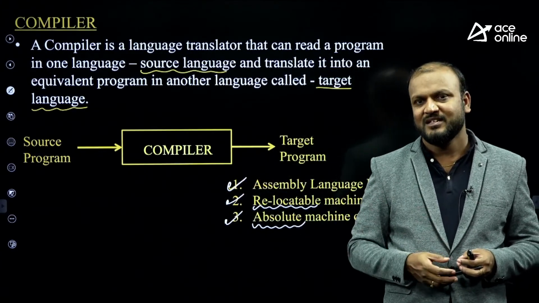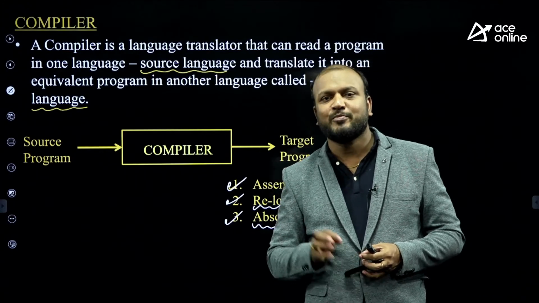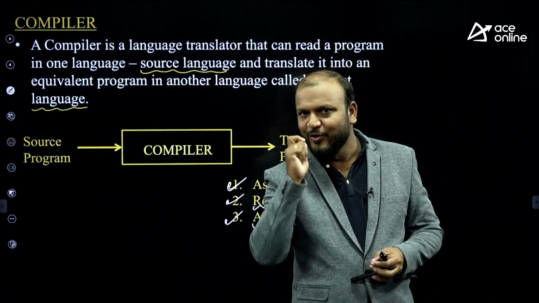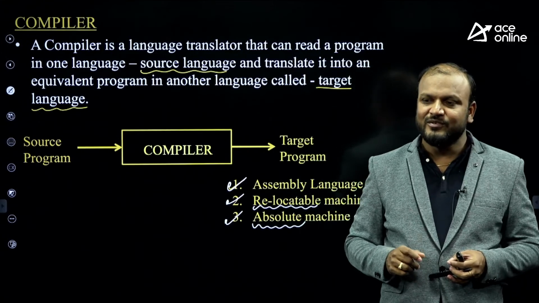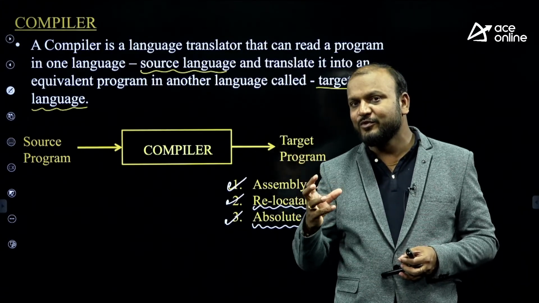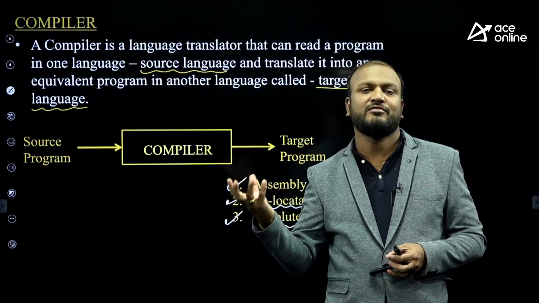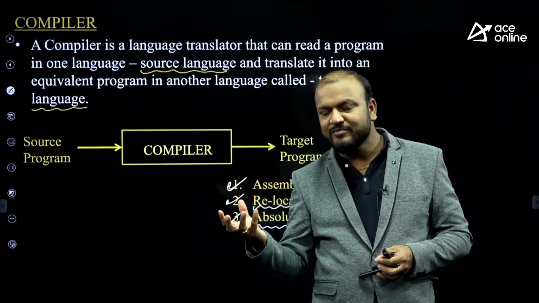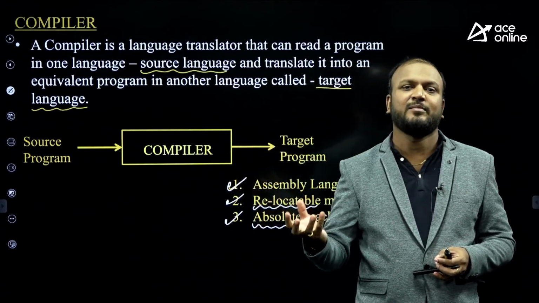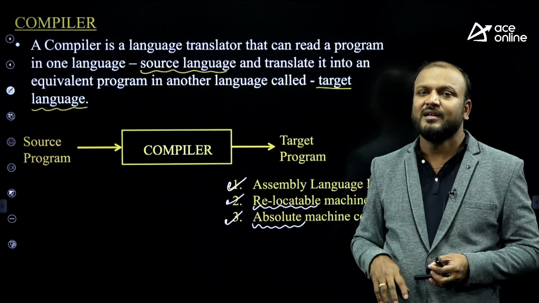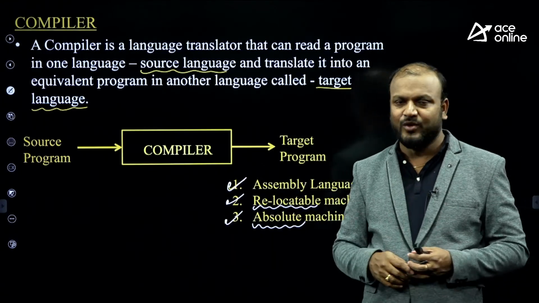There is one language processing system called the loader. What will the loader do? It transfers the contents of data or program in the secondary memory into the main memory. That is taken care of by the loader.